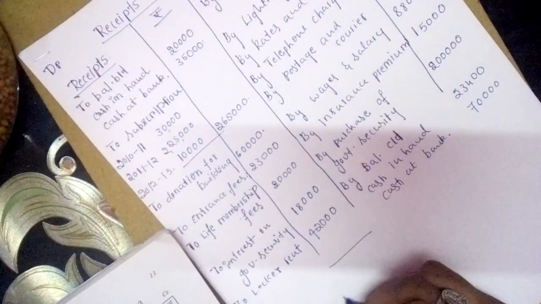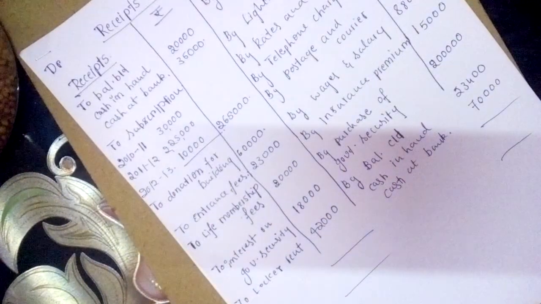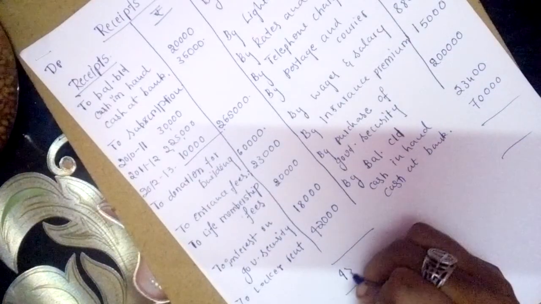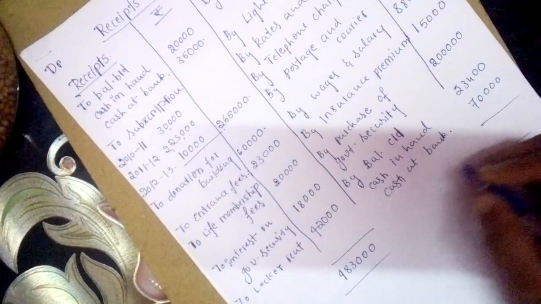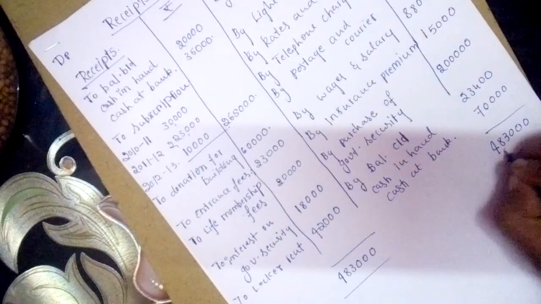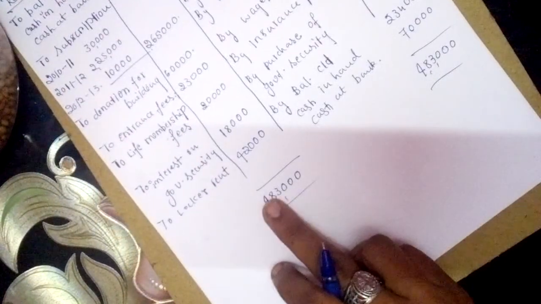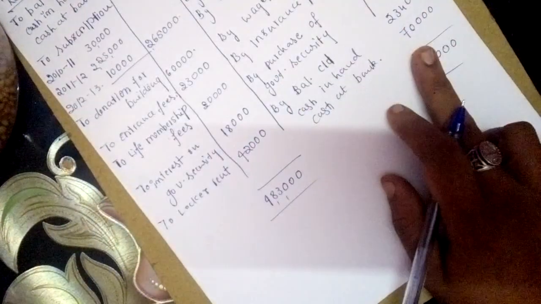So find out the total of debit side as well as credit side. You should see whether there is a tally or not. So you need to add debit side as well as credit side. When you add both the sides, the total is 4,83,000. You can check also. It should tally, that is 4,83,000 on both the debit side as well as the credit side.